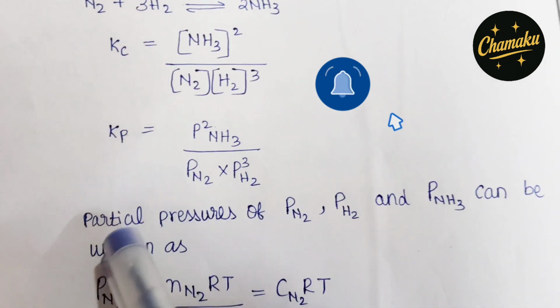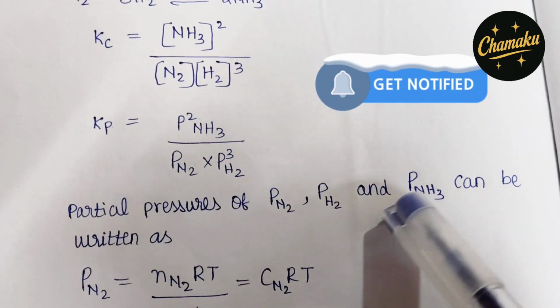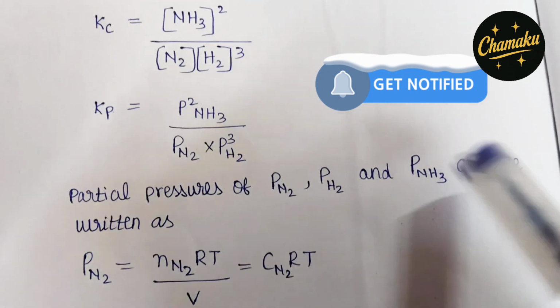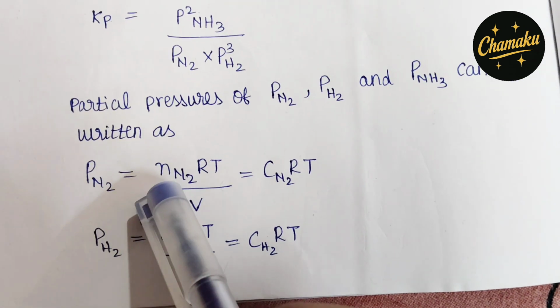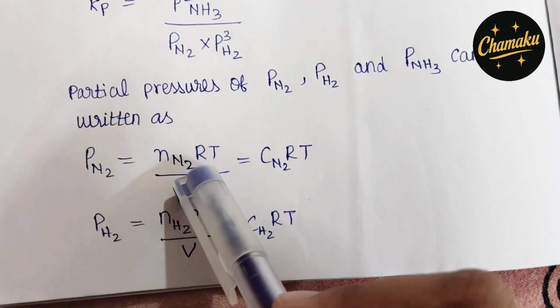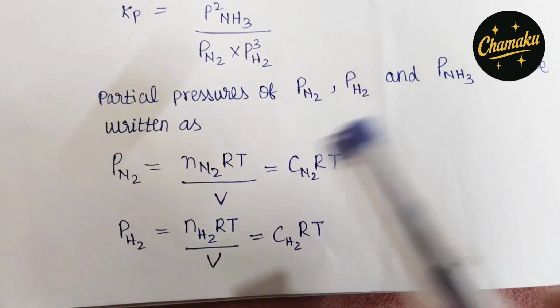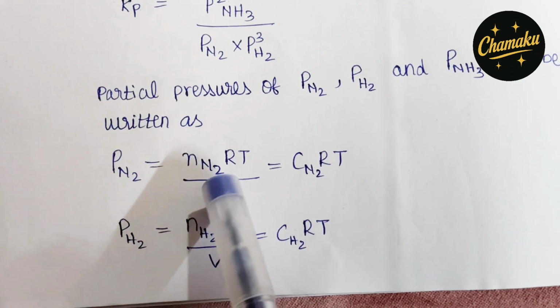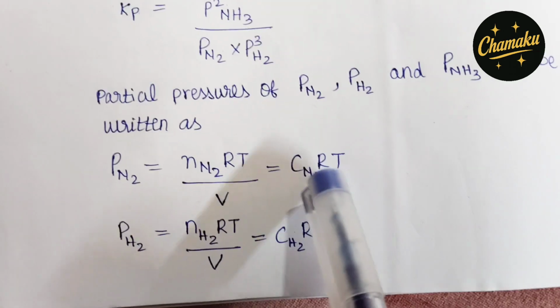Okay, so partial pressures of PN2, PH2 and PNH3 can be written as PN2 is equal to n of N2 RT by V. This is like P is equal to nRT by V. Okay, so n of N2 RT by V is equal to C N2 RT.